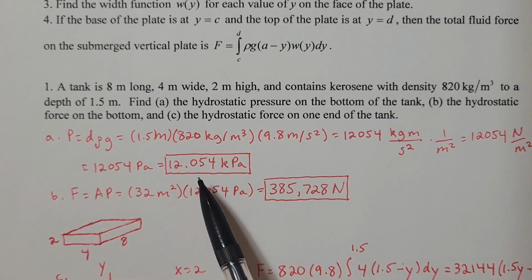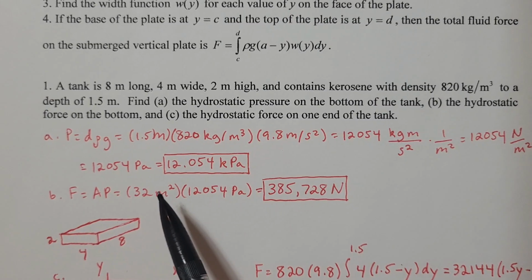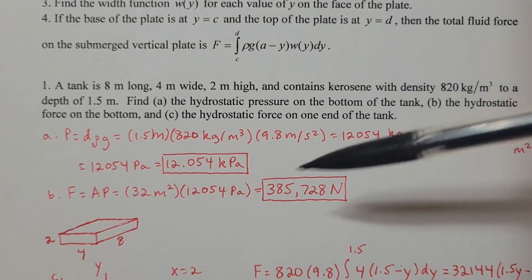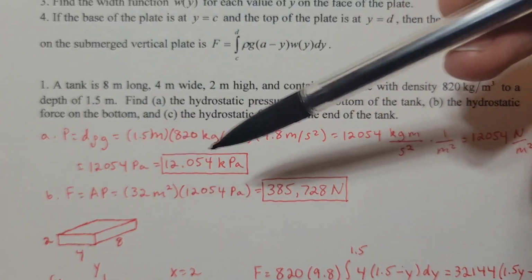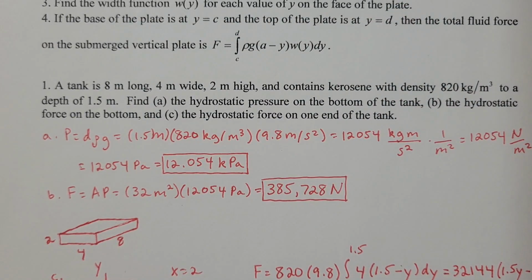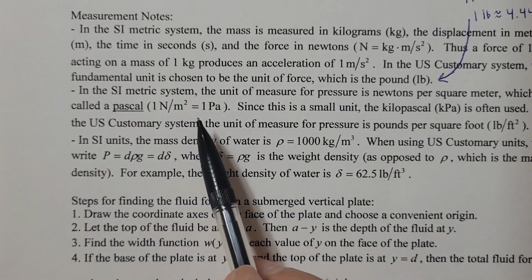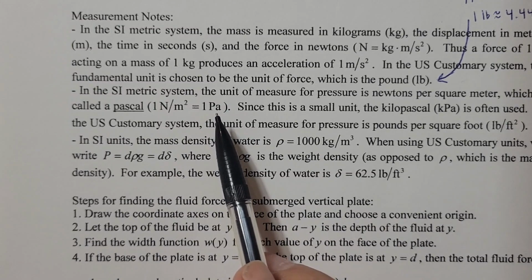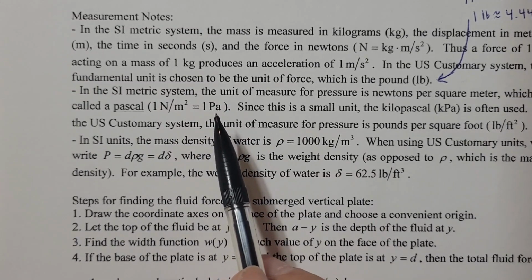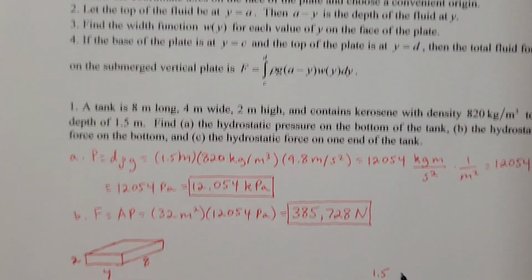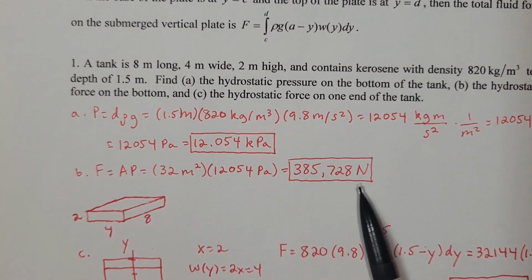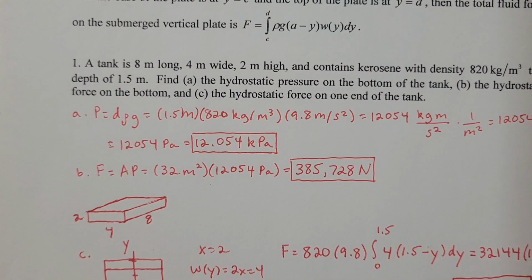I just found the pressure in part A, using pascals. So 32 times 12,054 is 385,728, and again, 1 Newton is defined to be 1 square meter times 1 Pascal. So this would be my answer in terms of newtons.